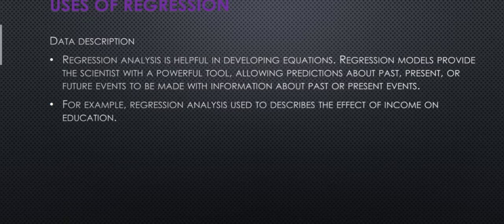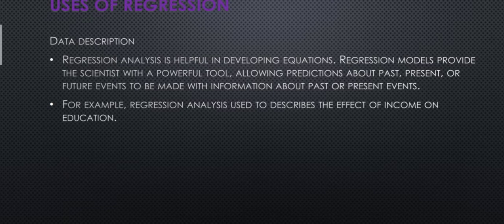Okay, for example, regression analysis used to describe the effect of income on education. So kita boleh tengok you punya Y adalah income and education will be X. Okay, so daripada situ kita boleh tengok bila education you tinggi, so income you will be increase or not. So and then bila kita ada data, kita ada value X, kita boleh predict Y. Okay, Y untuk dipredict.